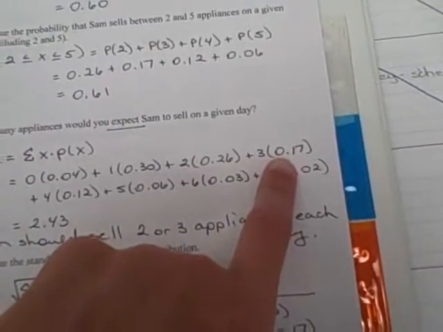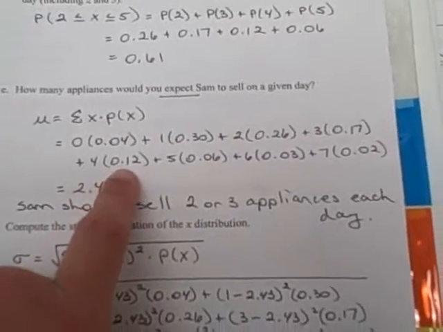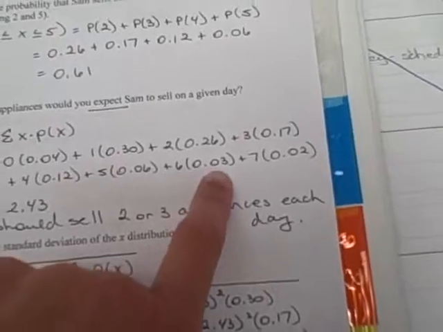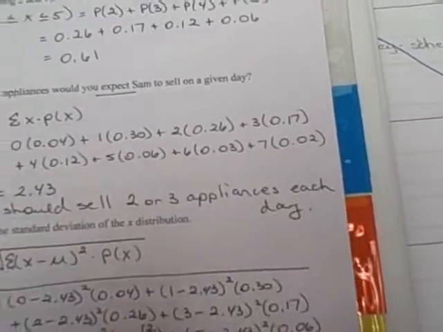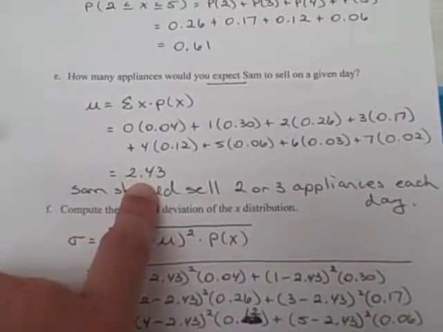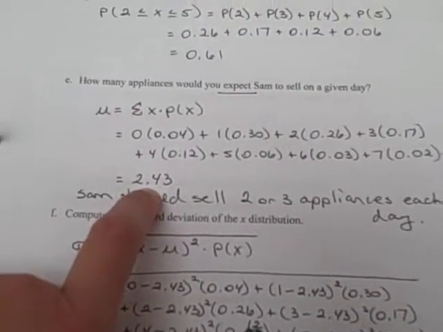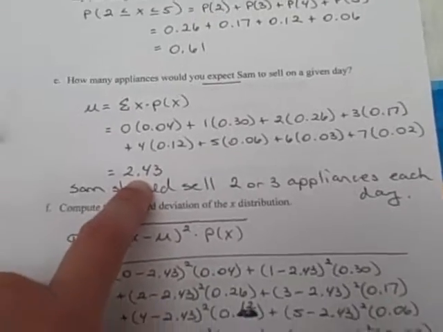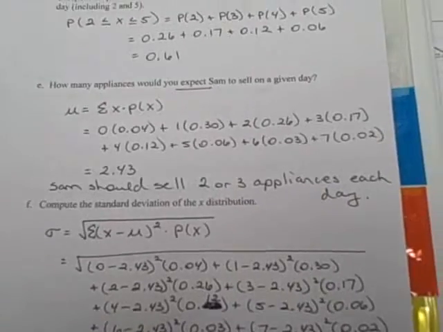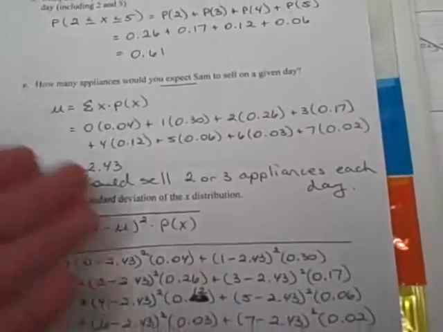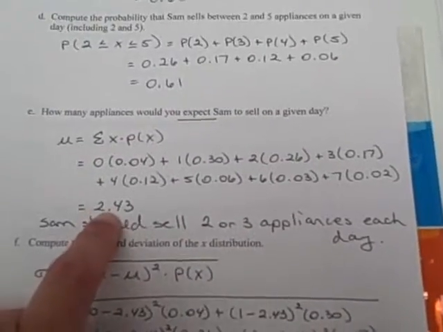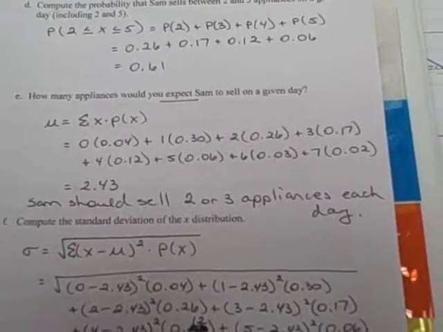So plus 3 times 0.17, plus 4 times 0.12, plus 5 times 0.06, plus 6 times 0.03, plus 7 times 0.02, and we get 2.43 appliances. Now, can you have part of an appliance? No. Since this is almost 2.5, we would expect Sam to sell 2 or 3 appliances. But that would be our expected value, 2.43.